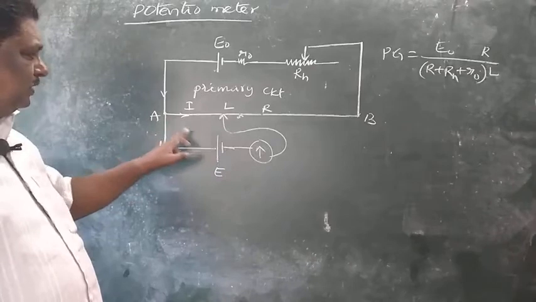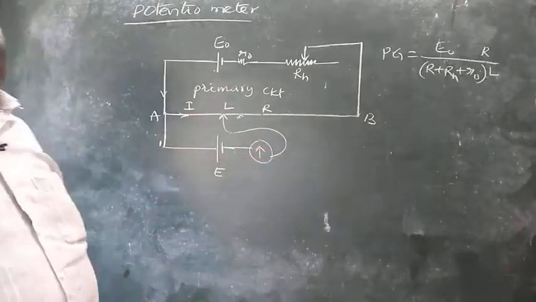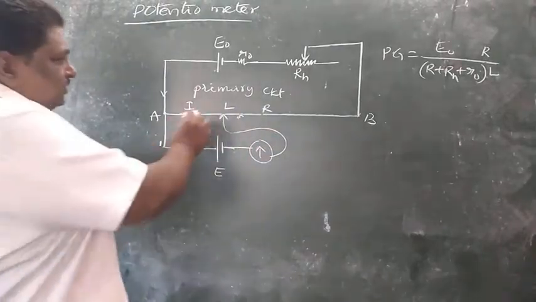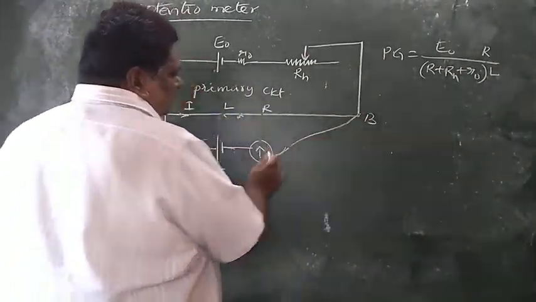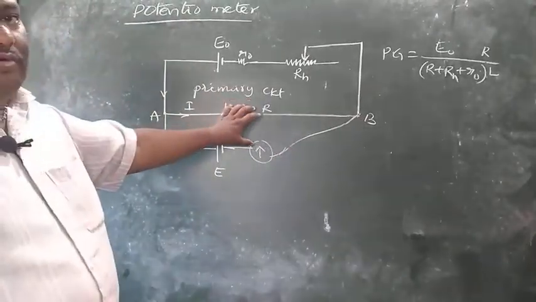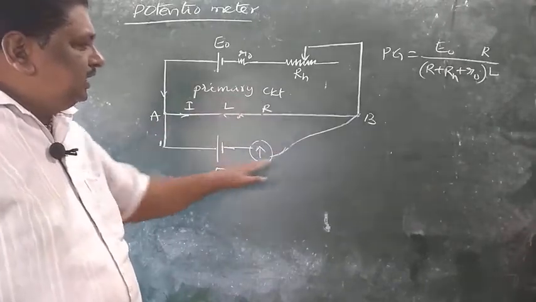The current is passed due to this cell. That's why the deflection is shown in one direction. When this jockey is contacted here, then the current due to the wire's higher voltage circulates in the opposite direction.